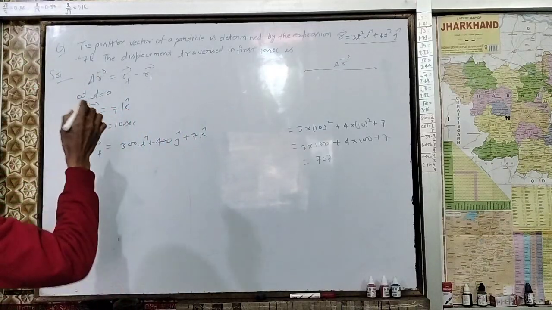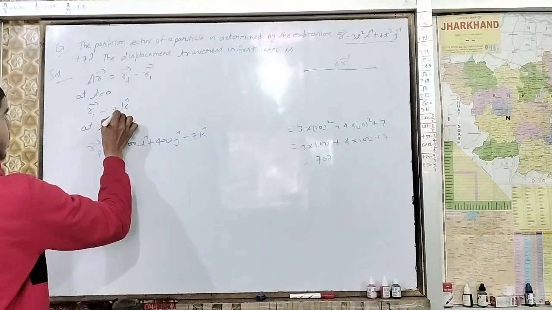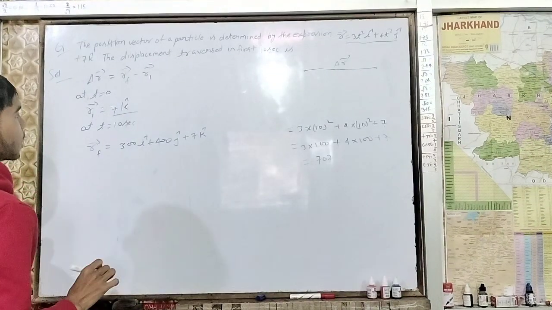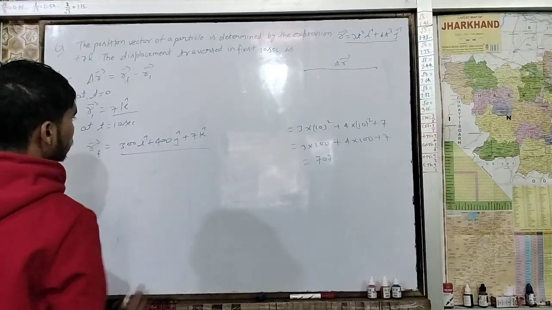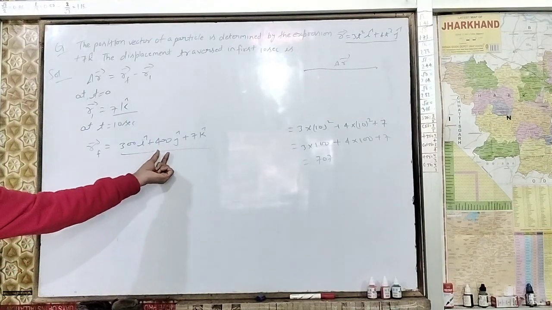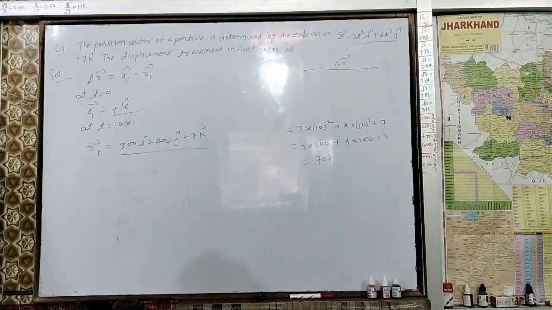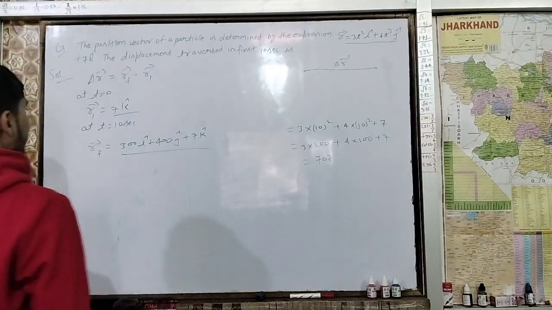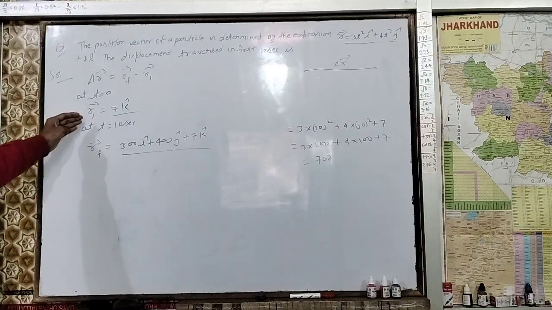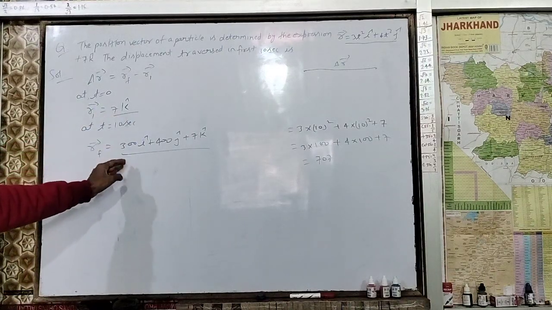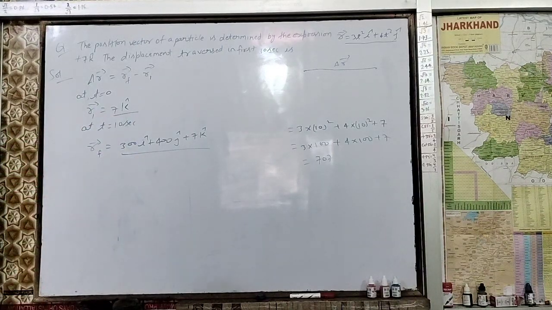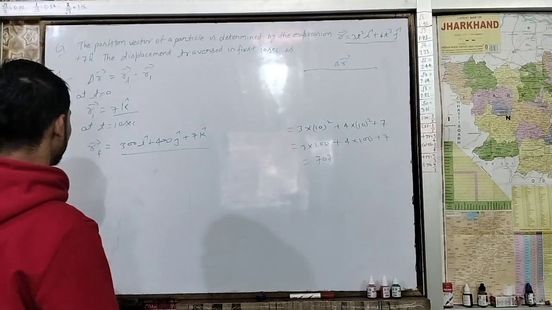Try to understand. Initial location of the particle is at 7k cap. Final location of the particle is at 300 i cap plus 400 j cap plus 7k cap. Now it is asking, when it moved from here till here, how much distance did it cover? That is what it is asking.